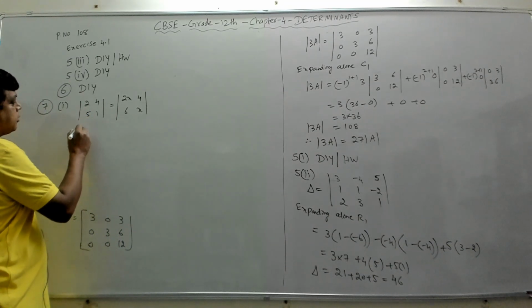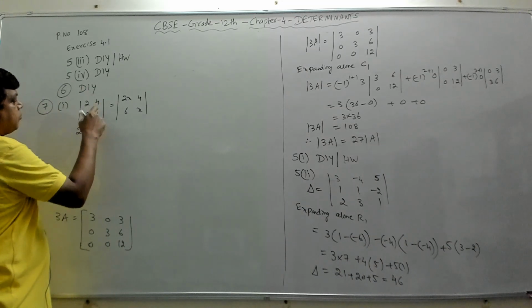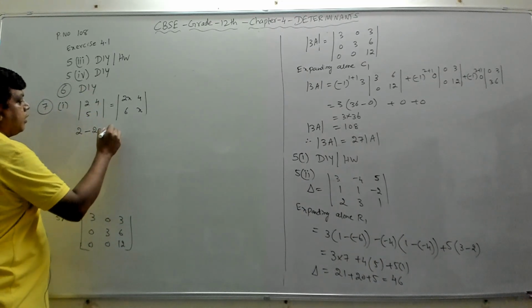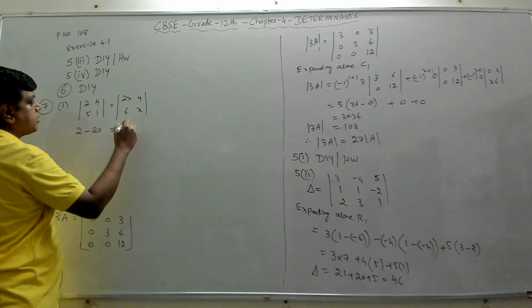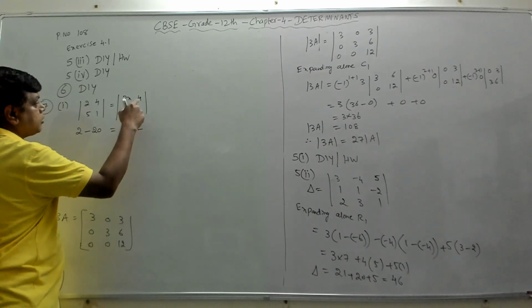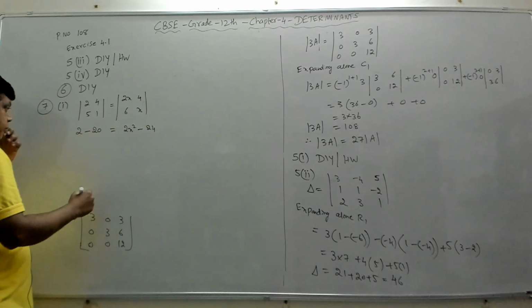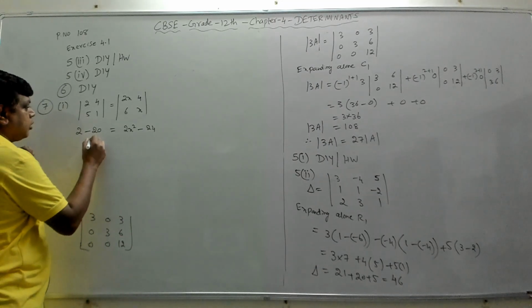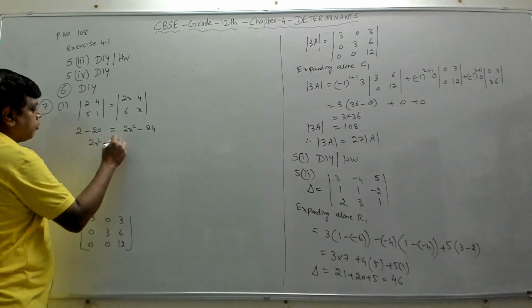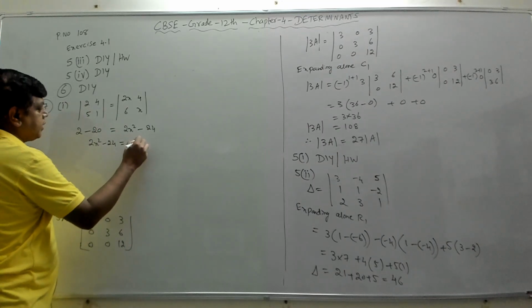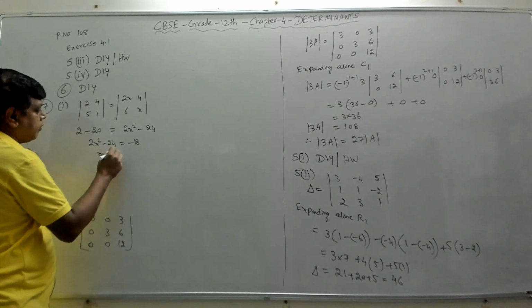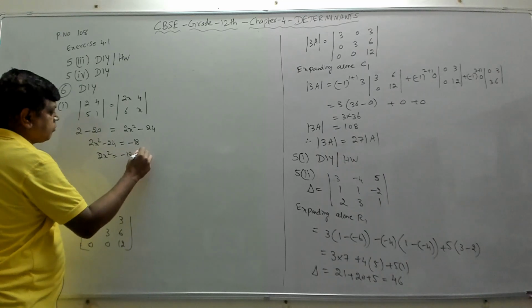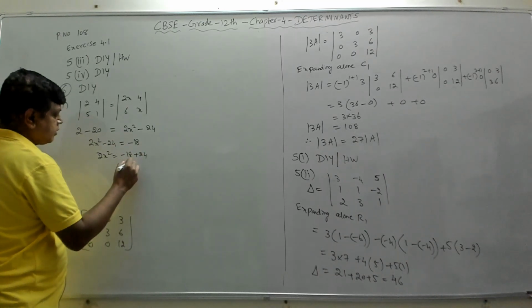How will you find this determinant? 2 into 1 is 2 minus 5 into 4 is 20, equal to, here 2 into x is 2x square minus 6 into 4 is 24, right? Then you get 2x square minus 24 equal to minus 18. So you have 2x square equal to minus 18 plus 24, which is 6.